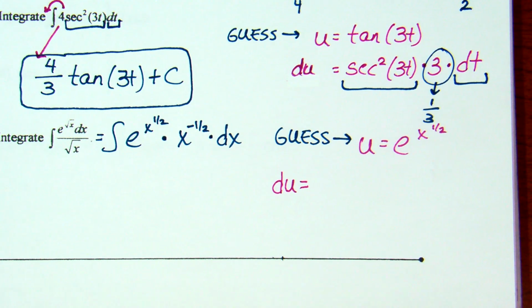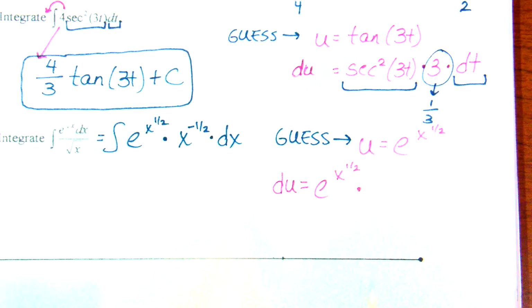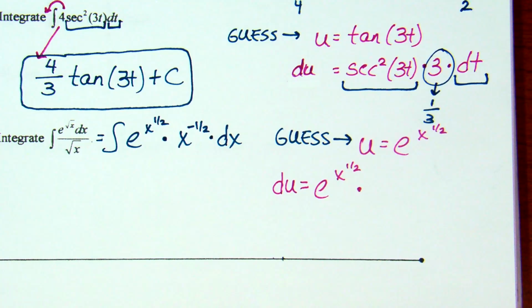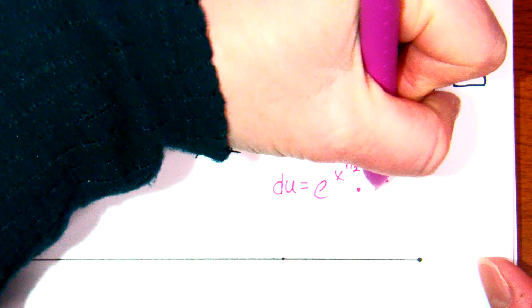Okay, so the derivative of e to some power is e to some power times the derivative of some power. What's the derivative of x to the 1/2? 1/2 x to the negative 1/2 times dx.